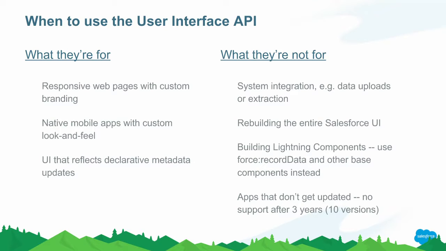One of the things I want to call out is we plan to be very proactive about encouraging our customers and our partners to update their apps when the 3-year cycle for versions is up. So the Salesforce API support cycle is that after 3 years, we may choose to deprecate older versions.